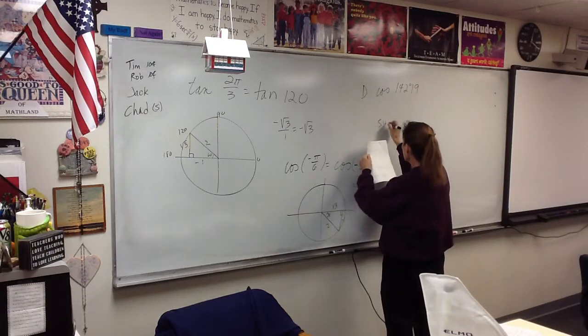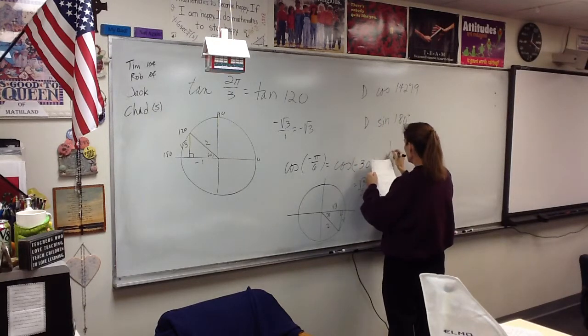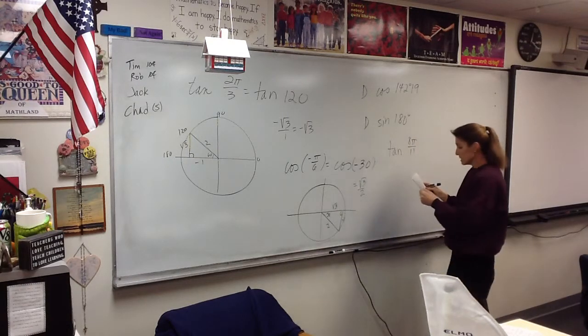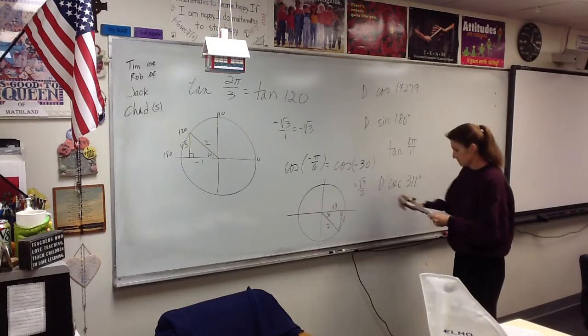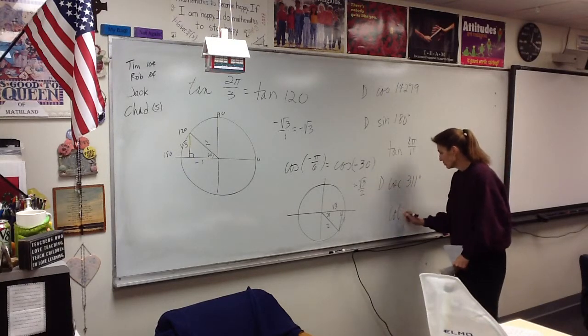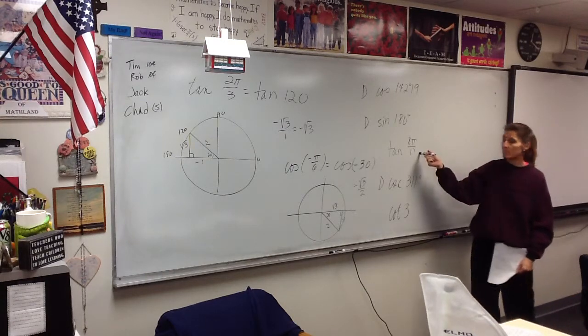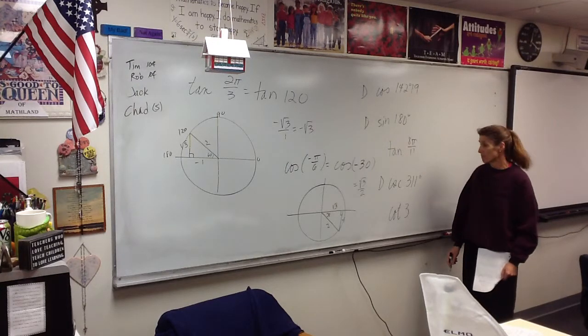We have the sine of 180, that's a degree. We have the tangent of 8 pi over 11, not a degree. Cosecant 311, degree. And cotangent 3, not a degree. This one you can tell is a radian measure because of the pi. This one you can tell is a radian measure because it does not have a degree symbol.